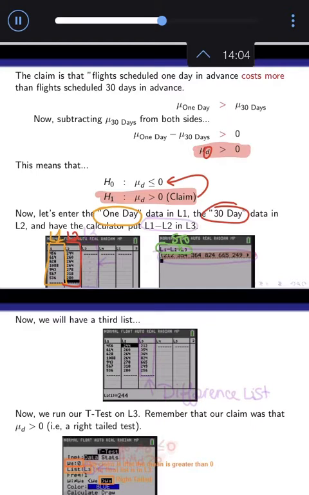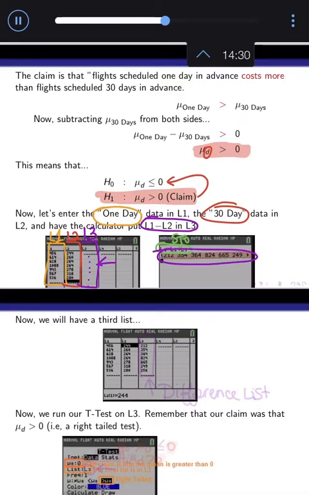If you were to go into edit and go back into your lists, you would notice that L3 now has a bunch of numbers. That is your L1 minus L2, and they went ahead and put it in L3. I would make sure that your L3 has the numbers you expected in there, which should be all of these numbers that are listed here.